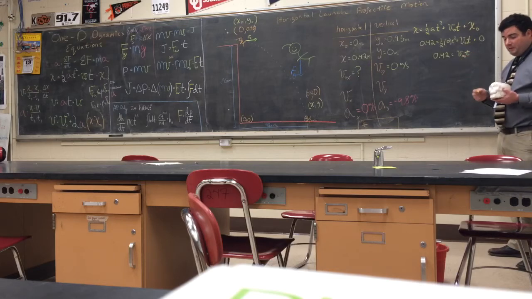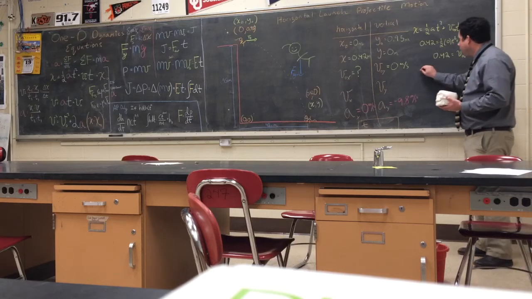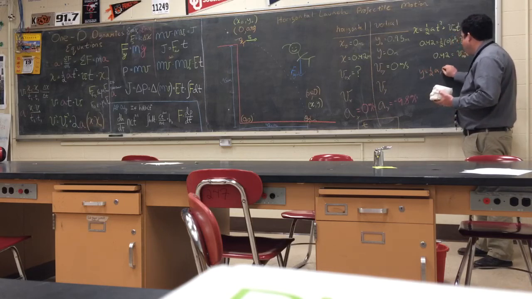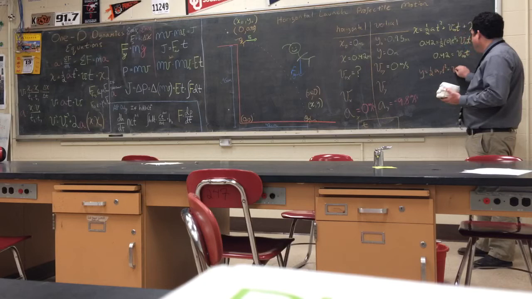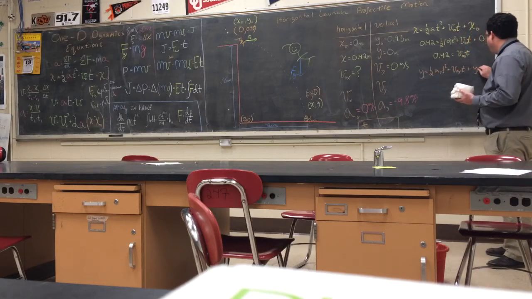So what do we do now? We just switch to the y equation. So for y, same version. y is 1/2 a_y t squared plus V0y t plus y0.